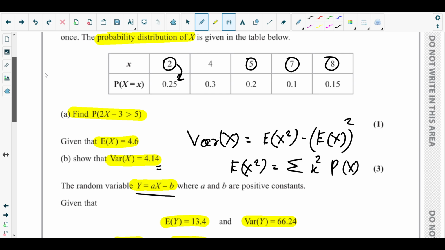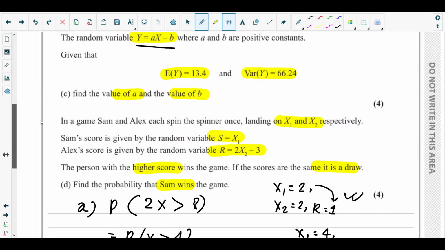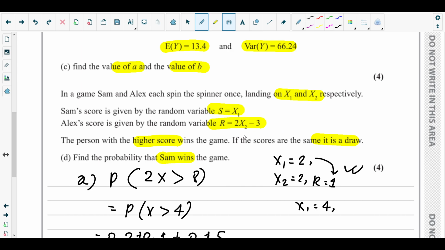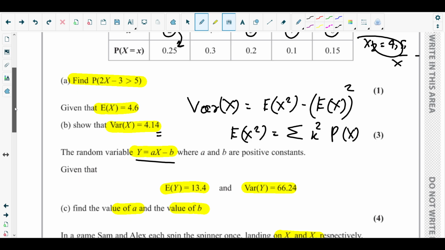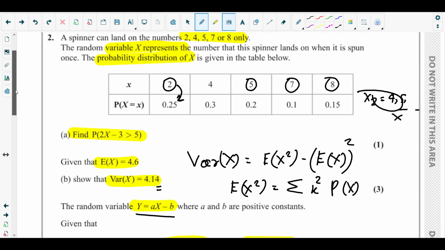If you consider x2 to be 4, then 4 times 2, that is 8, 8 minus 3, that is 5. So it will be greater than Sam's score. That's why let's ignore these values, like x2 equals 4, 5, and so on, because for these values of x, Sam will lose the game.